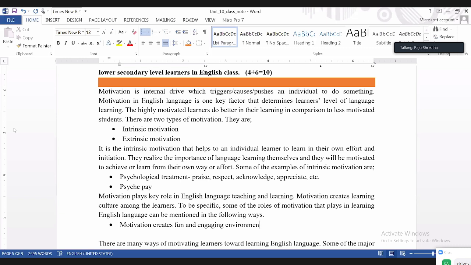Motivation inspires learners towards learning English. And I think you said increased interest in learning.